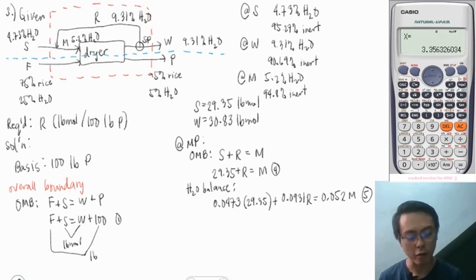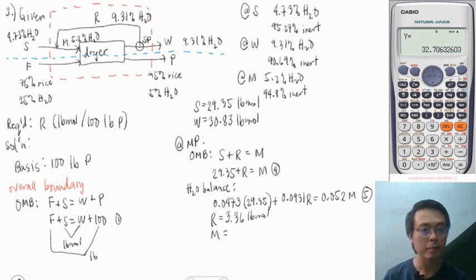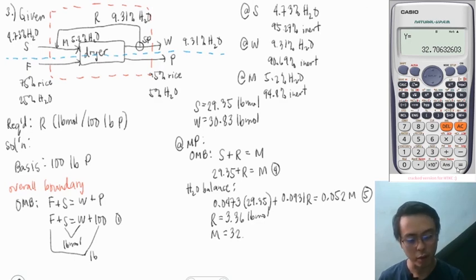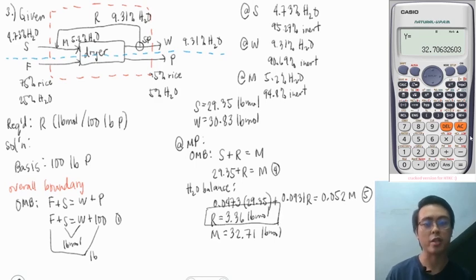We now have the values for R. R is 3.36 pound moles, and M is 32.71 pound moles. We are interested in the value of R, to 3 significant figures, so this is it: 3.36 pound moles.